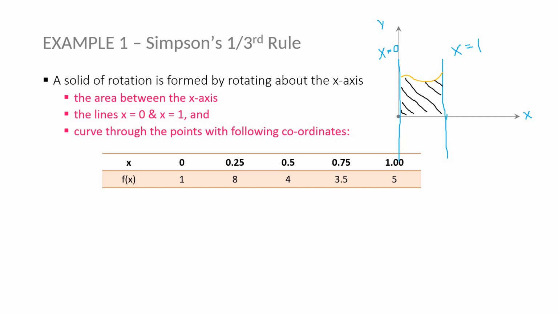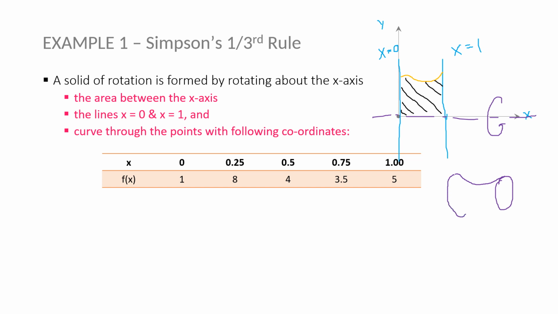So let's say that the x-axis itself is the axis of rotation. So we take this area and we rotate it around the x-axis to get a solid. Okay, so in 3D that solid may look like this. So after rotating, maybe we'll have a solid of that shape approximately.